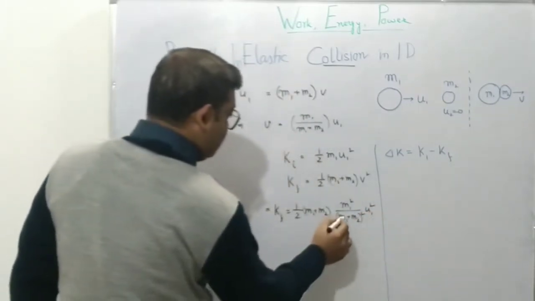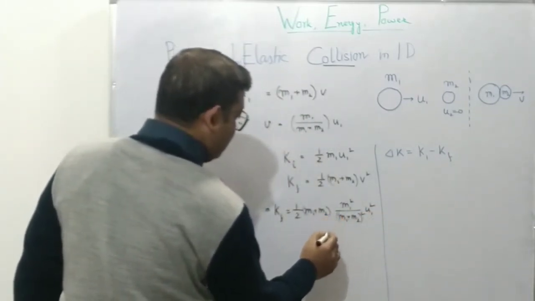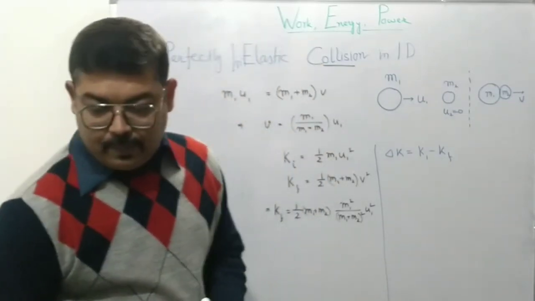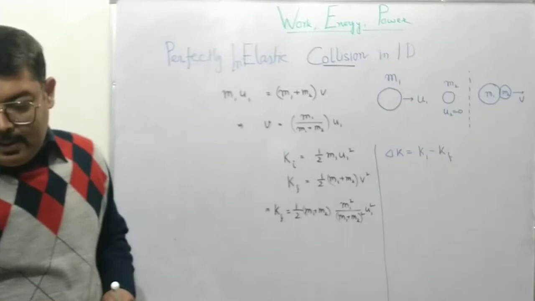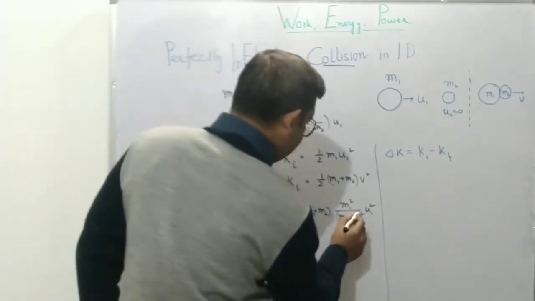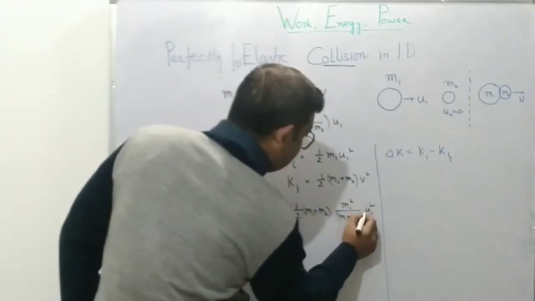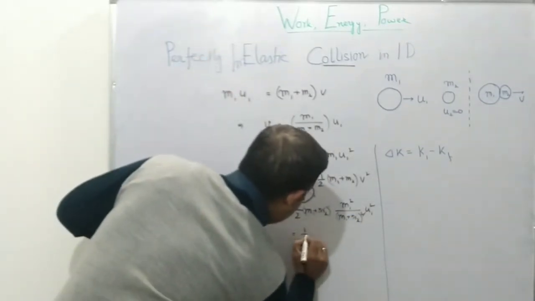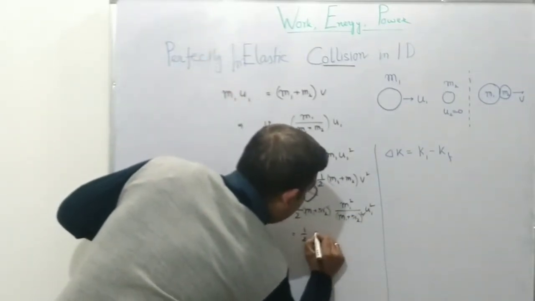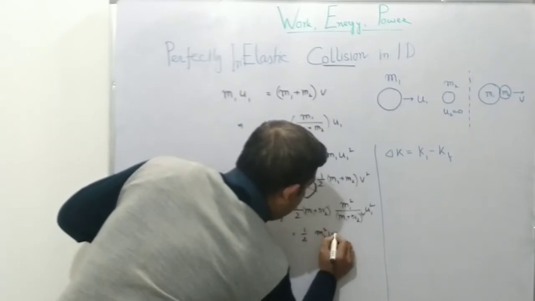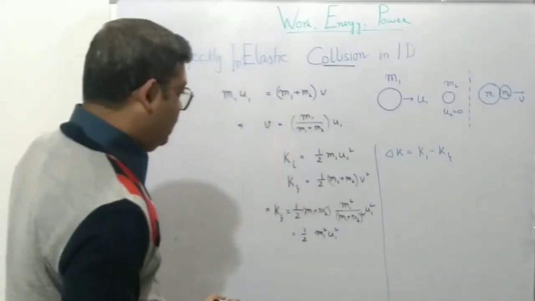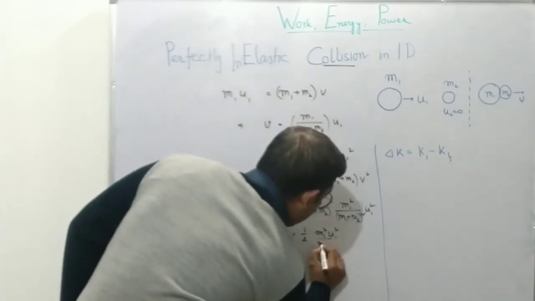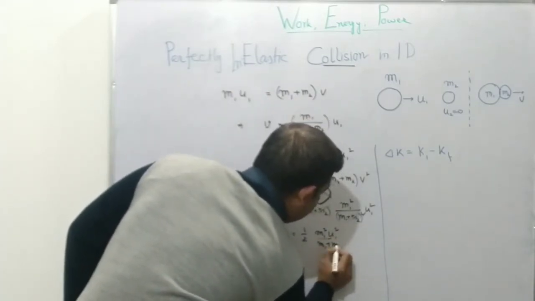We can remove the power, and so we will be left with half m1 square u1 square, whole thing divided by m1 plus m2.